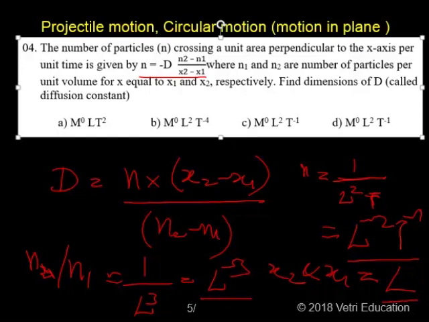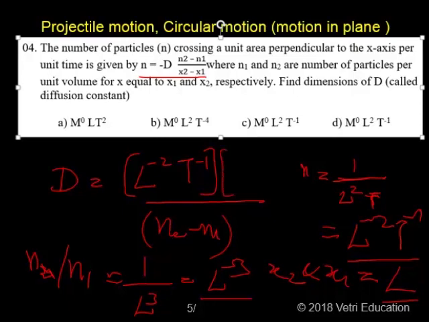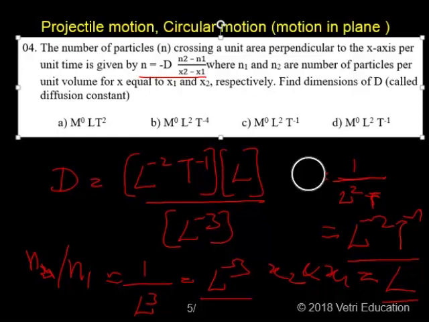Substituting in this formula, we'll get the answer now. So we'll go for substitution. Instead of n, I can substitute L^-2 T^-1, and then the next unit is x2 minus x1, whose dimension is L, and for n2 minus n1 the dimension is L^-3.